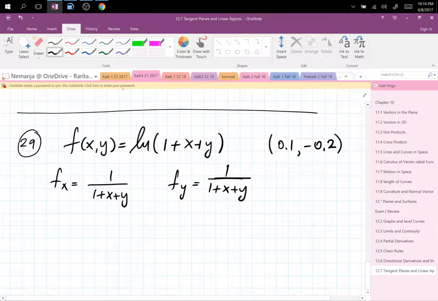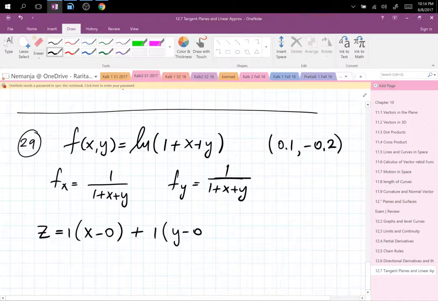And we now compute our tangent plane. z is equal to, we compute at 0, 0, so this is just 1. We get x minus 0. And then plus, this is also 1. And we also have y minus 0.